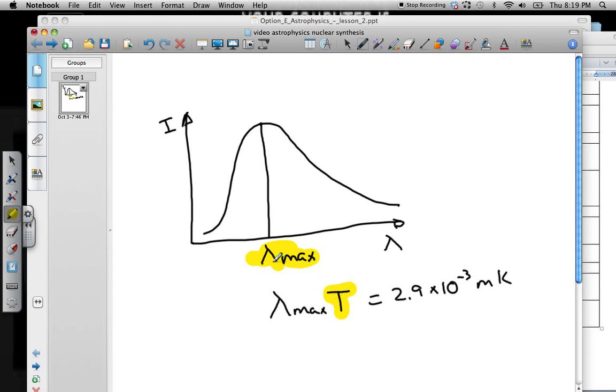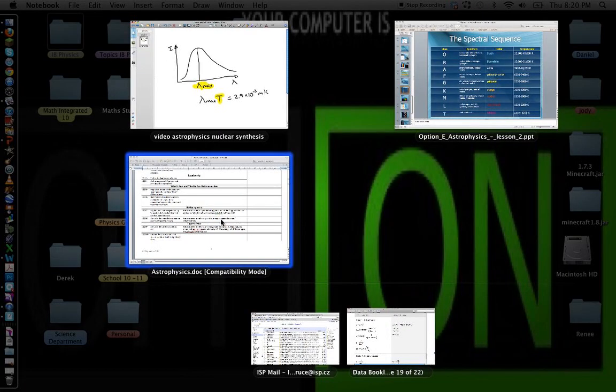In actual fact, this lambda max, where most of the energy is actually coming, gives off a certain color corresponding to that wavelength, and therefore, for instance, our sun, most of the energy is being given off in the visible spectrum in the yellow, and that's why it looks yellow. So this is a very important fact that we use, and as I said, it was discovered in the laboratory and can be applied.